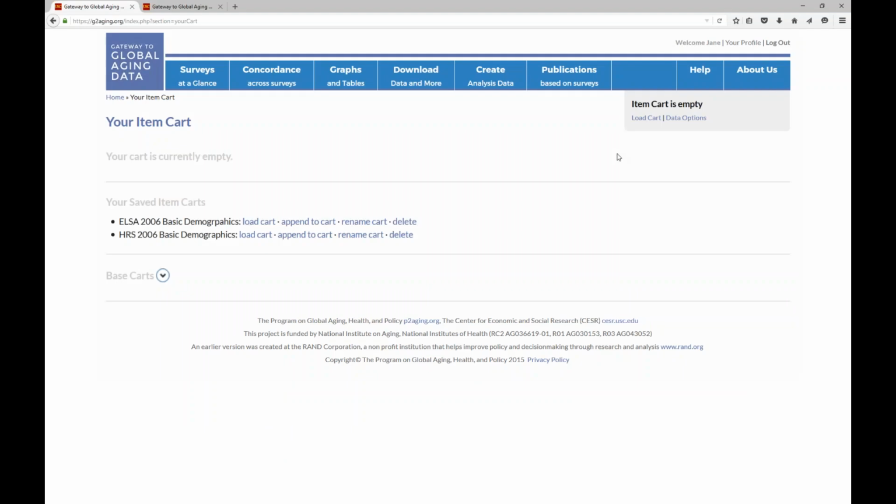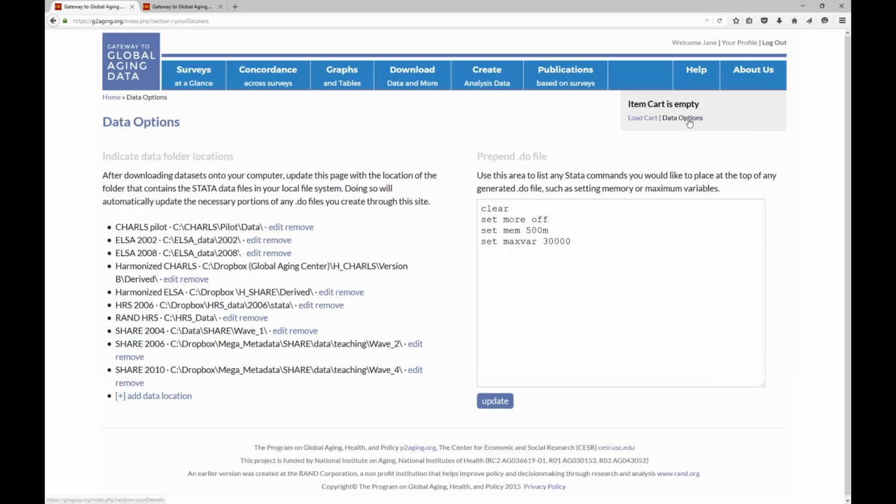The data options page is always accessible once you're signed in, right below your item cart. So we can click on data options. In the data options, you can see that here on the left, I've listed the folder location for data that I have stored on this computer. For ELSA 2002 data, I've got it stored in C drive, ELSA data, a folder called ELSA data, and a folder called 2002. And I can add any other data set location.